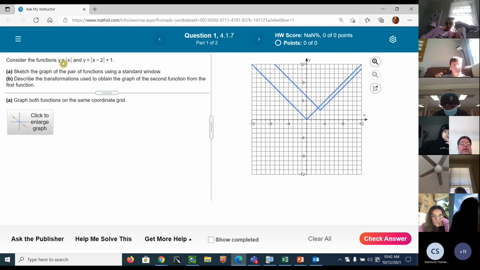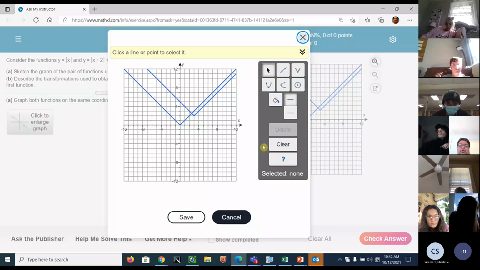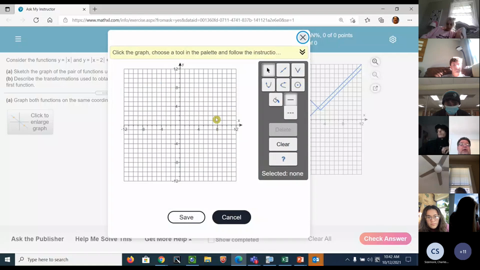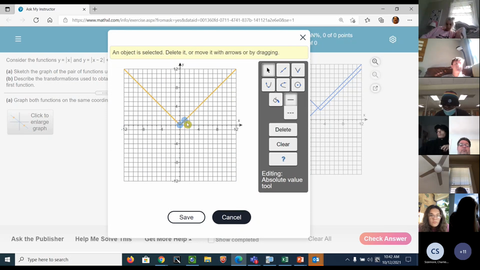Okay, consider the functions x and x minus 2 plus 1. Sketch graph. Okay. So I'm going to delete, well, I got to delete it to see what you did wrong. So I'm going to delete that. And I'm going to clear. All right, the first one is y is equal to the absolute value of x. So y is equal to, and it's a 1-to-1 right there. There's the absolute value of x.